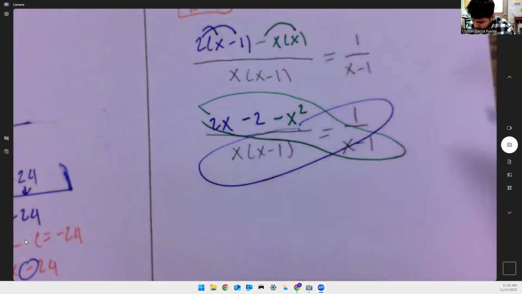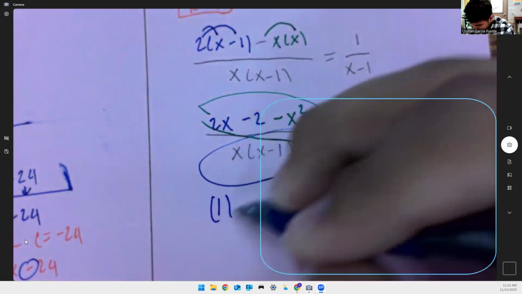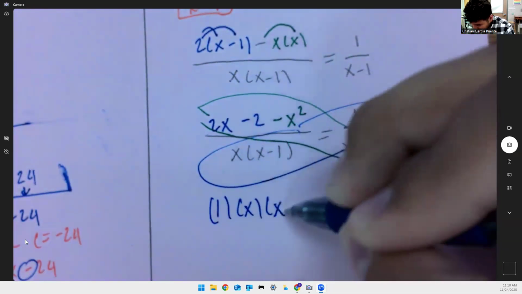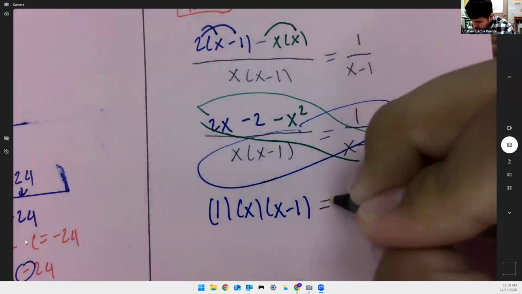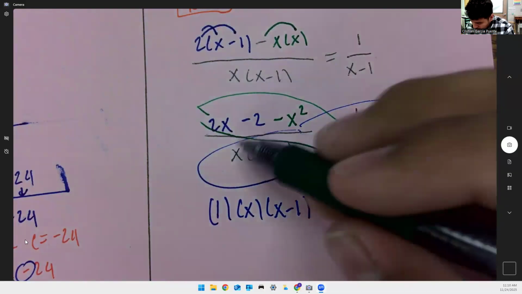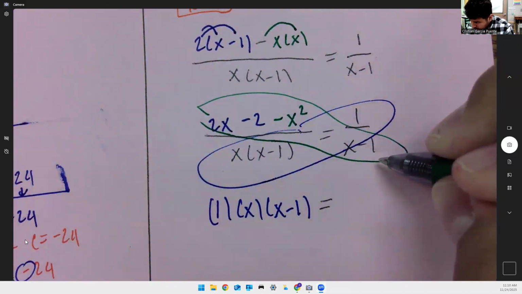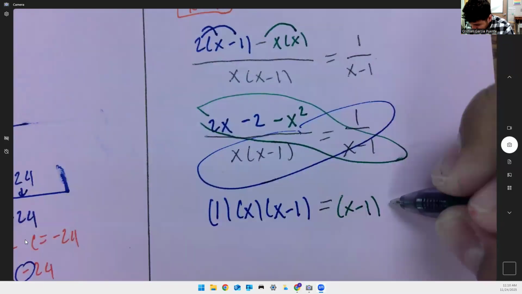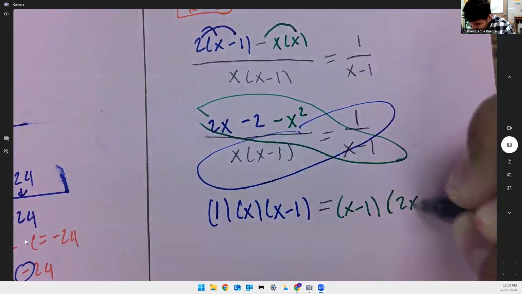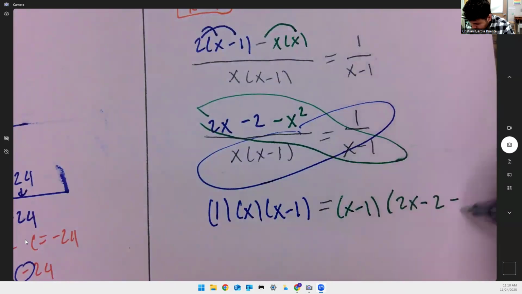It's a 1 and an x minus 1. So it's 1 times x, x minus 1, and that's going to be equal to x minus 1 times 2x minus 2 minus x squared.